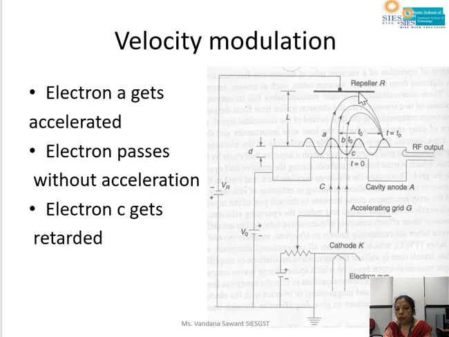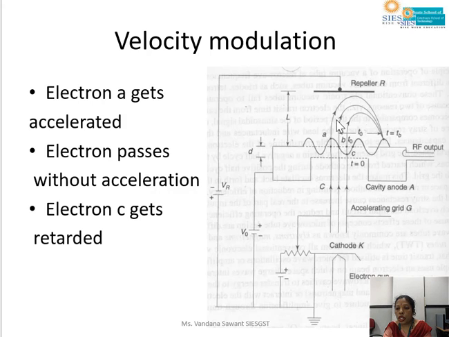Then the repeller, being a negative electrode, will not keep the electron with it. It will reflect this electron back, and the electron will follow such a path. Similarly, the electron reaching point B, called electron B, encounters 0 voltage.